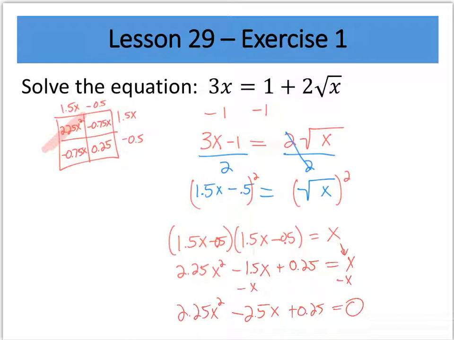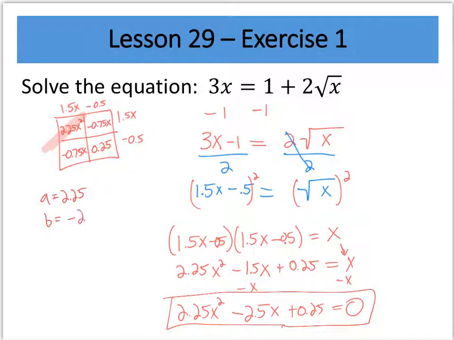At this point, I would recommend using the quadratic formula to solve these problems, which would be my A is 2.25, my B is negative 2.5, and my C is 0.25.